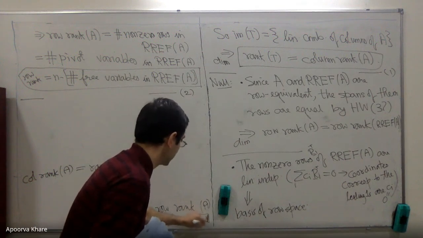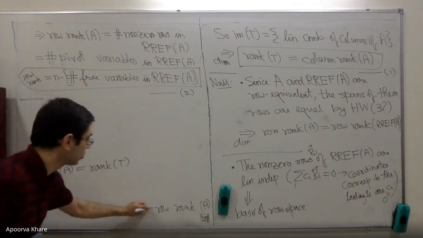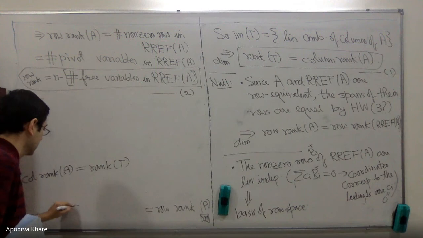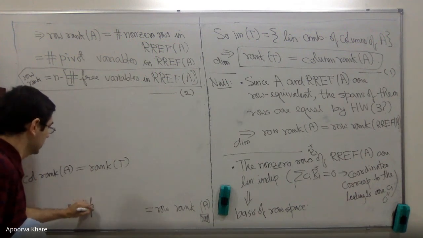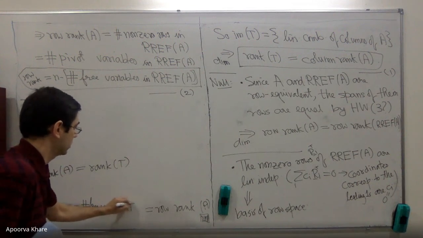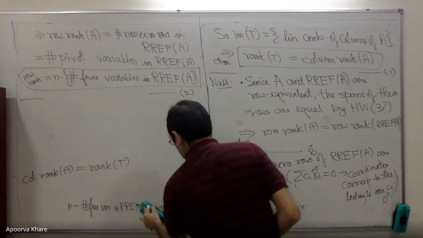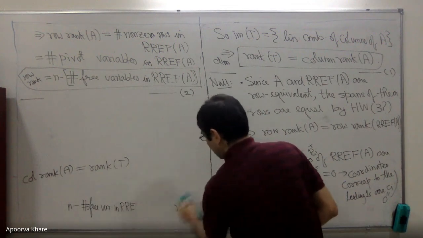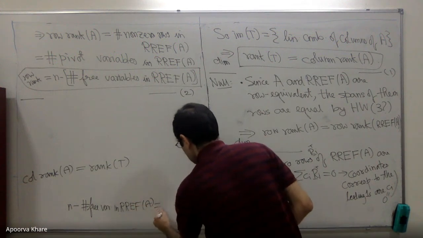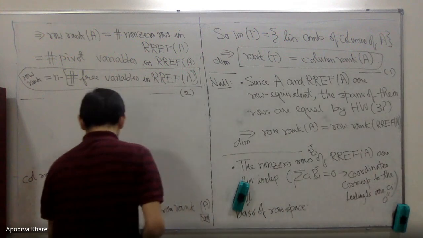On the other hand, from the row rank, we know that it is equal to n minus the number of free variables in the row reduced echelon form. So far so good.